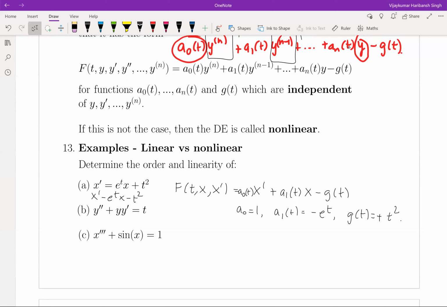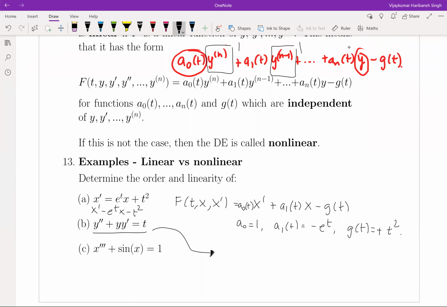Right. Now let's look at this one here. The question is, can it be written in this format? If it can, that's a linear differential equation. Otherwise, it's not. So look at y double prime plus y y prime equals t.